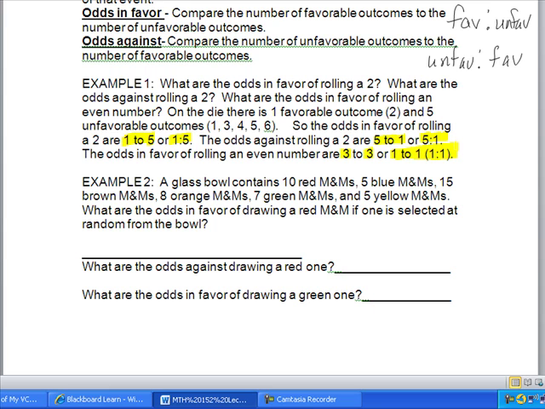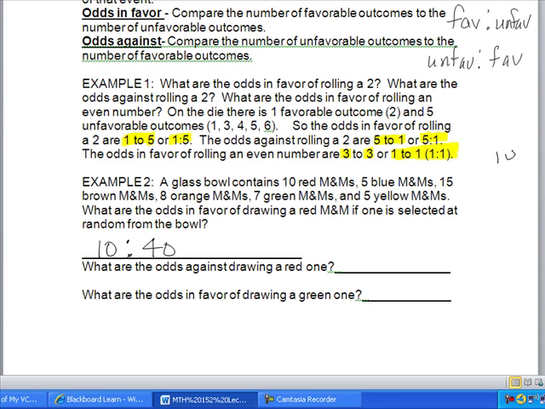Okay, so let's take a look. A glass bowl contains 10 red M&Ms, 5 blue ones, 15 brown ones, 8 orange ones, 7 green ones, and 5 yellow ones. What are the odds in favor of drawing a red M&M if one is selected at random from the bowl? All right, so we have 10 red ones, and we need to add up the others.